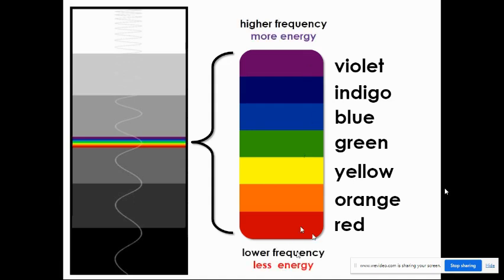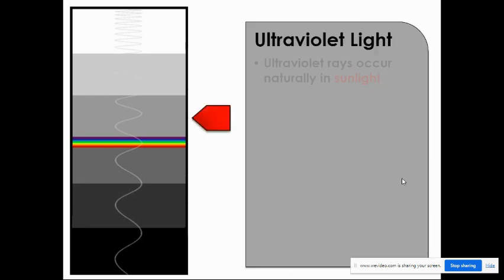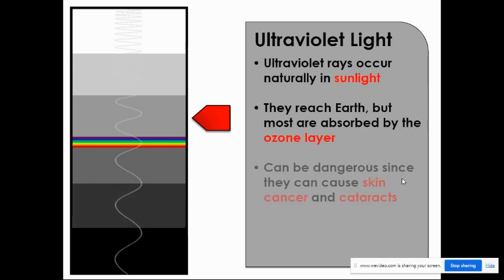Red light has lower frequency, longer wavelengths, less energy. Violet light has the shorter wavelengths and more energy. Now we move to ultraviolet. Ultraviolet light is in sunlight naturally. It's absorbed by our ozone layer, a layer of ozone in our atmosphere.